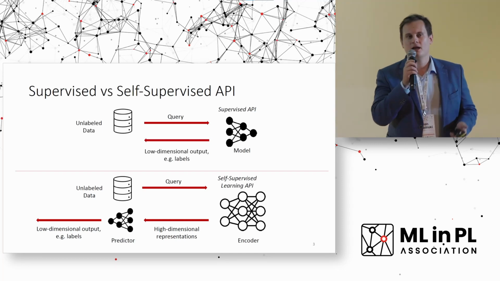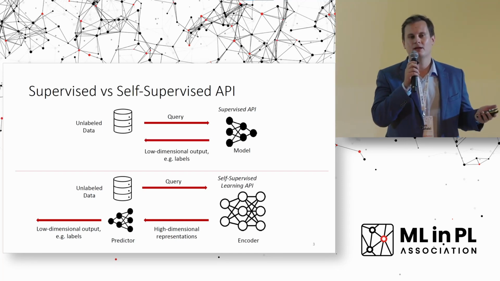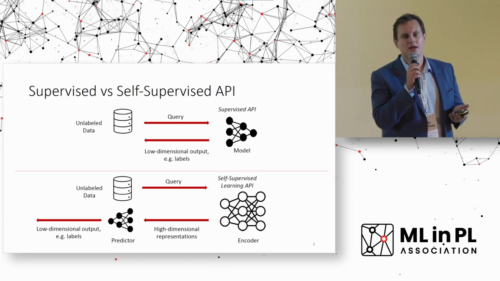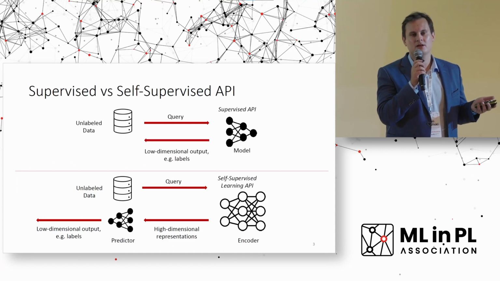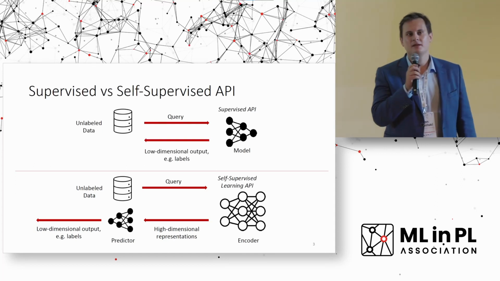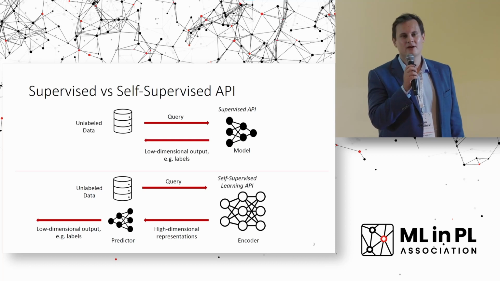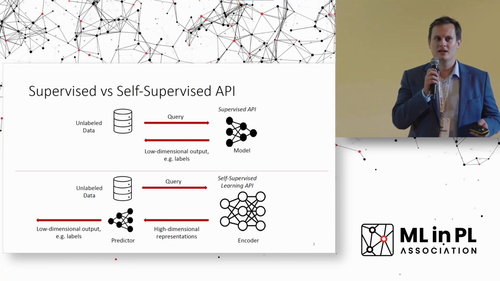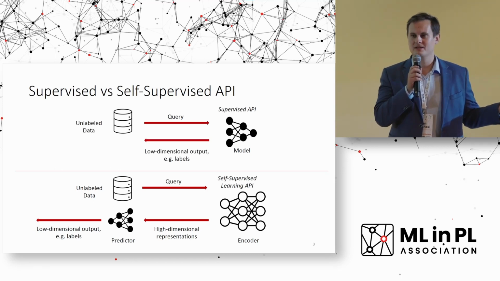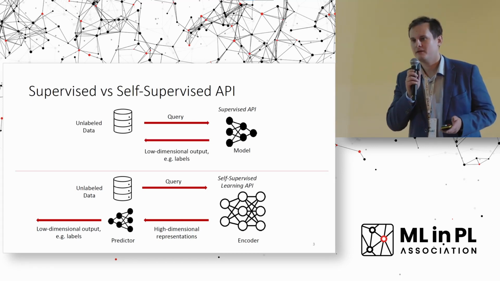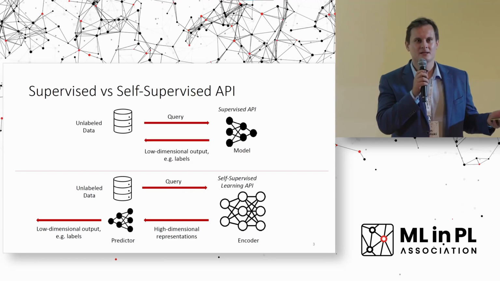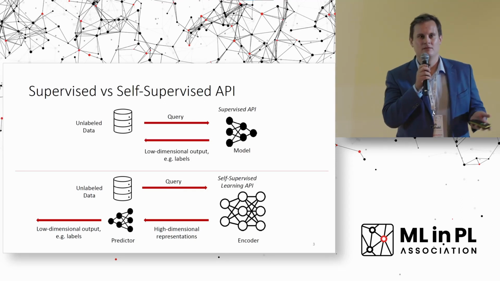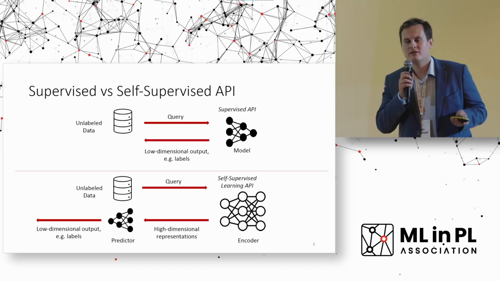And then the encoder calculates a high-dimensional representation containing the most important information about the input. And this representation is then returned to the user. And they, on their side, can do whatever they want with this representation. For example, solve a classification downstream task using their own developed models, but also use it for numerous other purposes.